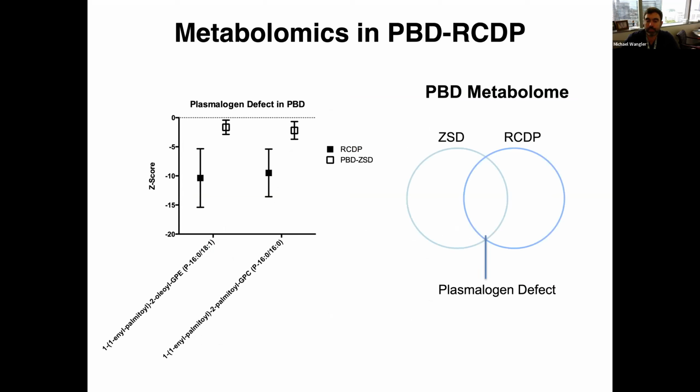Another part of our work is that we really hope to develop a sort of Venn diagram across many different peroxisomal disorders. In this example, what I'm showing you is the ZSD condition and the RCDP condition, two different types of peroxisomal disorders, and we can see that there's a defect in plasmalogens, a specific biochemical, in both of these samples.